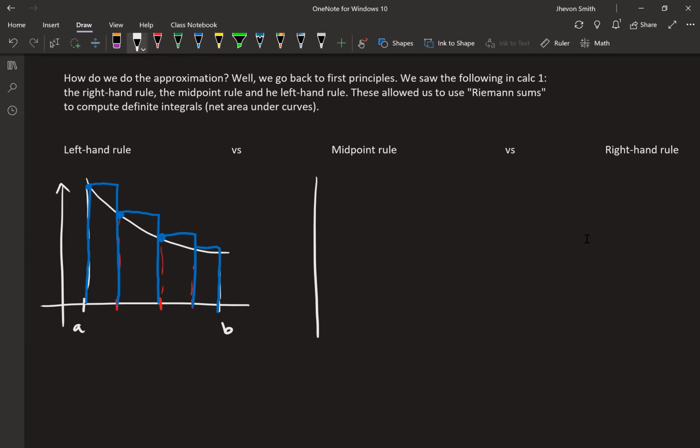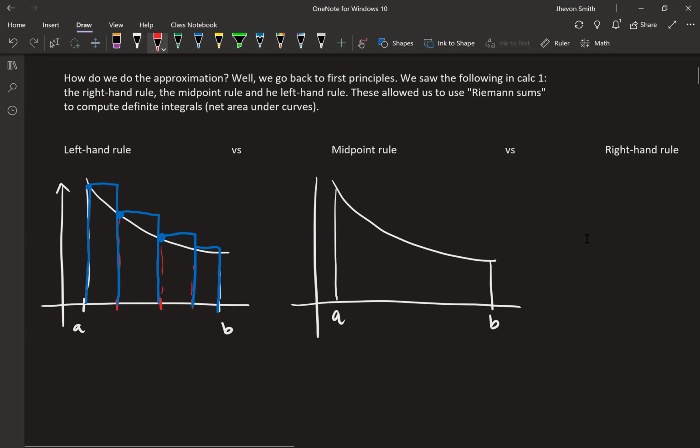Similarly, we had the midpoint rule. You can use the same setup here. Let's say you care about finding the area between A and B. What you did was you found some subintervals. For the midpoint rule, you took the middle of those intervals and you let that define the height.